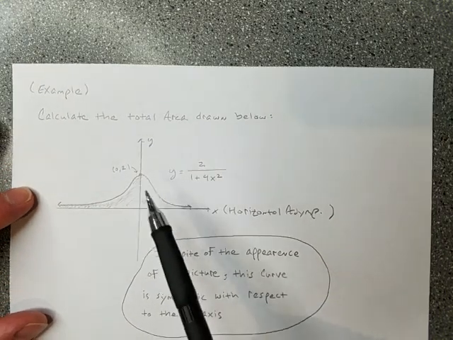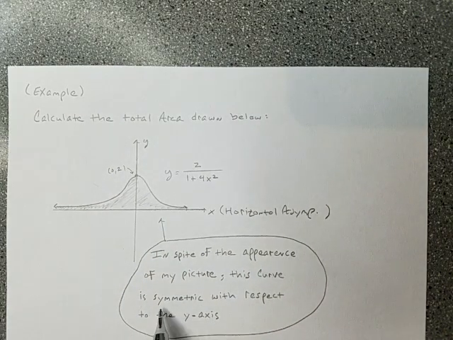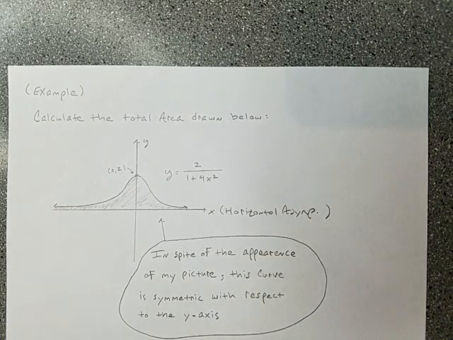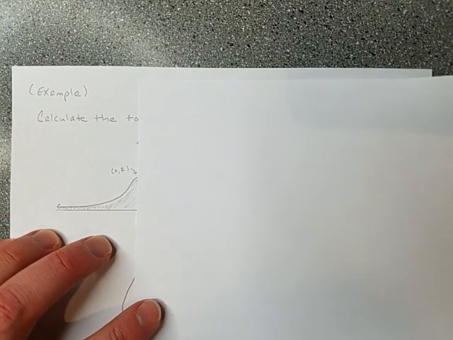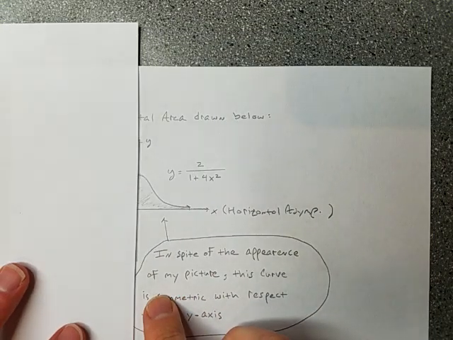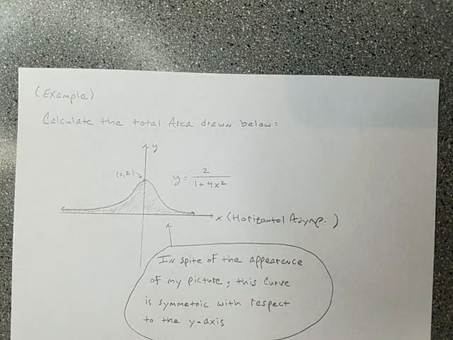And I told you my drawing was not that good, but in spite of the appearance of my picture, this curve is symmetric with respect to the y-axis. What does it mean to be symmetric with respect to the y-axis? It means that this part of the graph on the left-hand side of the y-axis is a mirror image of that part of the graph on the right-hand side of the y-axis. How do you know that?